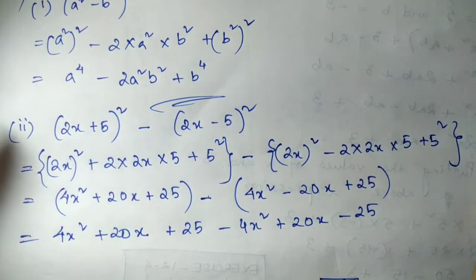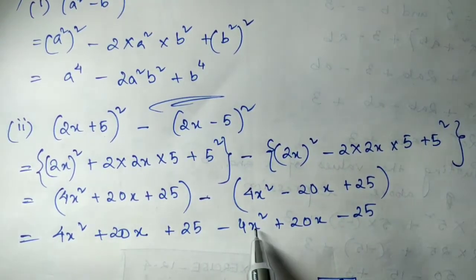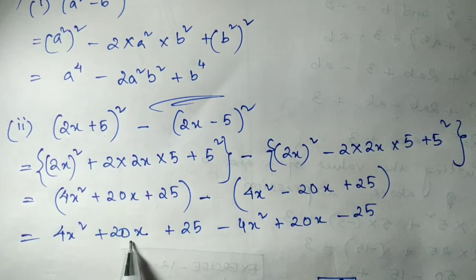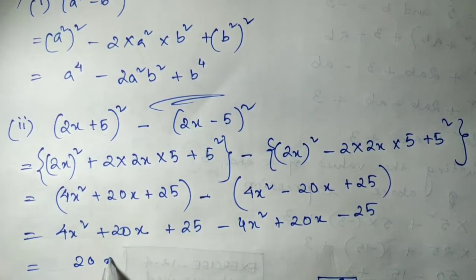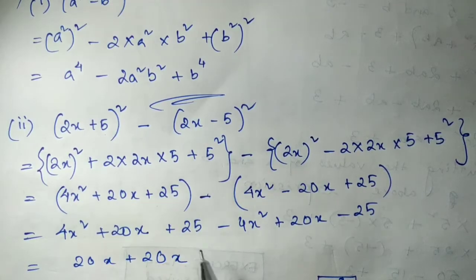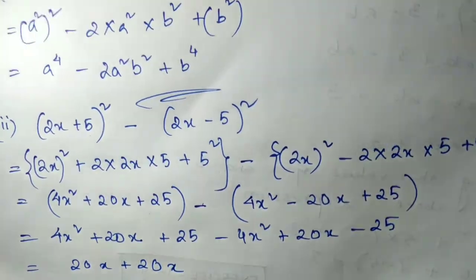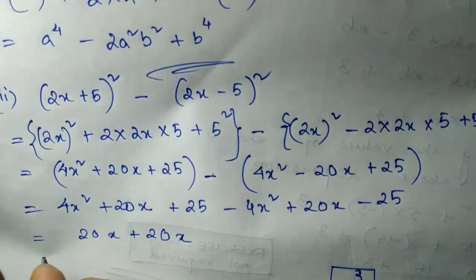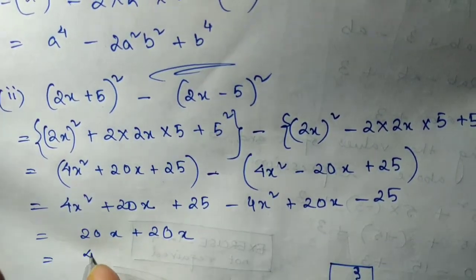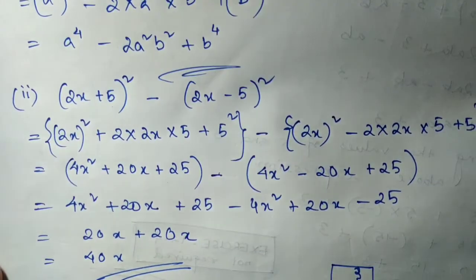Let's see if there are like terms. Obviously 4x square minus 4x square will be 0. 20x plus 20x, okay, and 25 minus 25 will also be equal to 0. I'm sorry. So what remains? 20x plus 20x will be equal to 40x, and this is your solution.